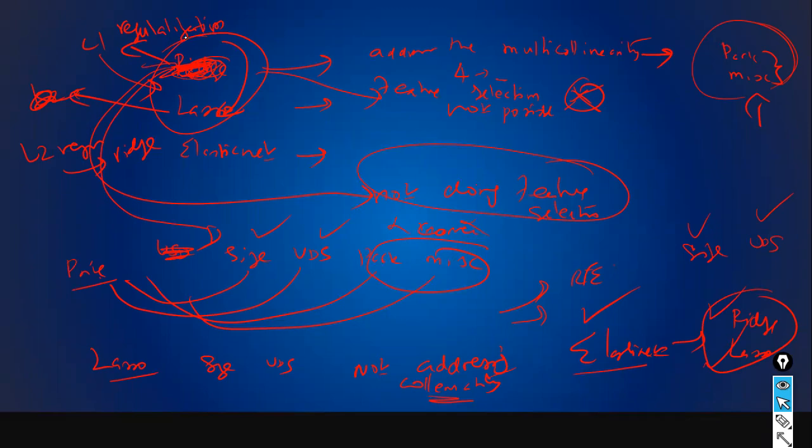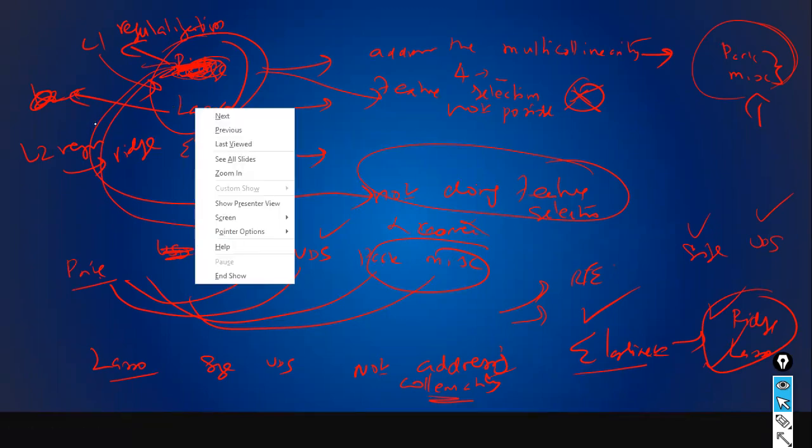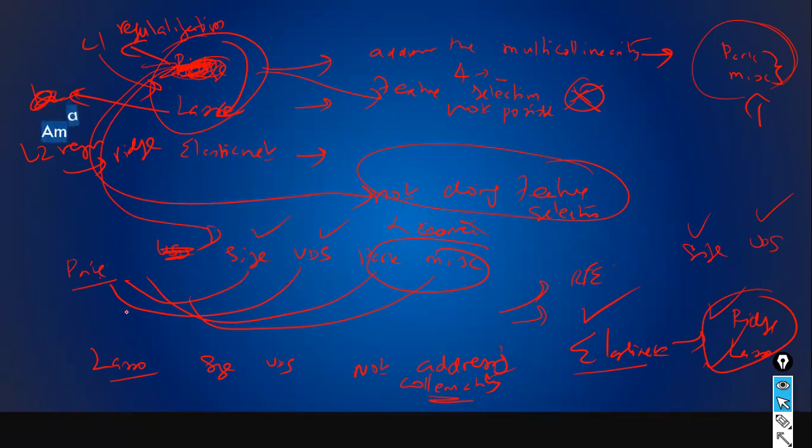Okay. So L1 regularization is called lasso, and L2 regularization is called ridge regression. The combination of these two is called elastic net. Elastic net can address both the collinearity and the feature selection.